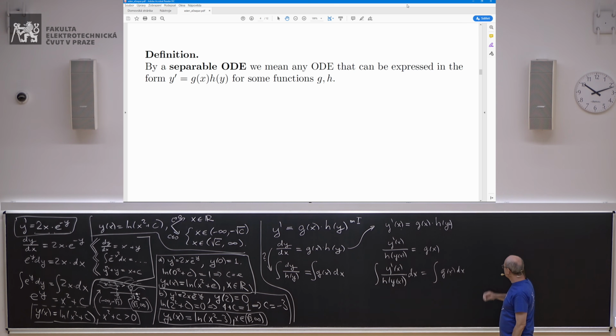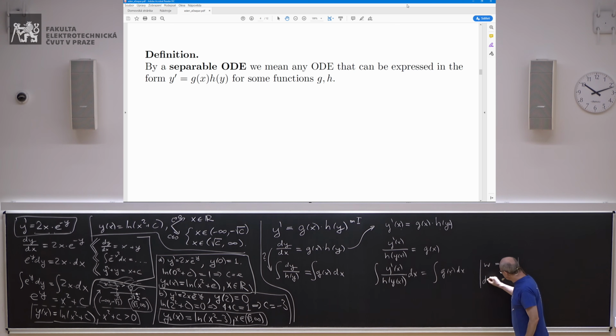Well, here we go. Notice the following trick. I introduce a substitution. y is a function of x. And how does substitution work? Well, you introduce a new name for it. Let's say, well, I would like to introduce y, but that's not a good idea. So let's say w. Okay, you introduce w.